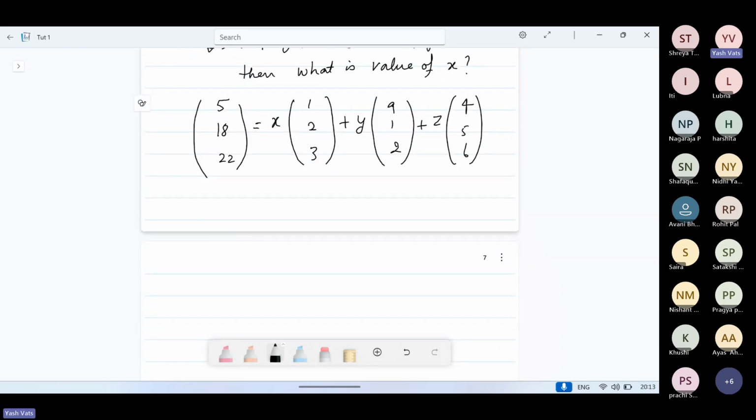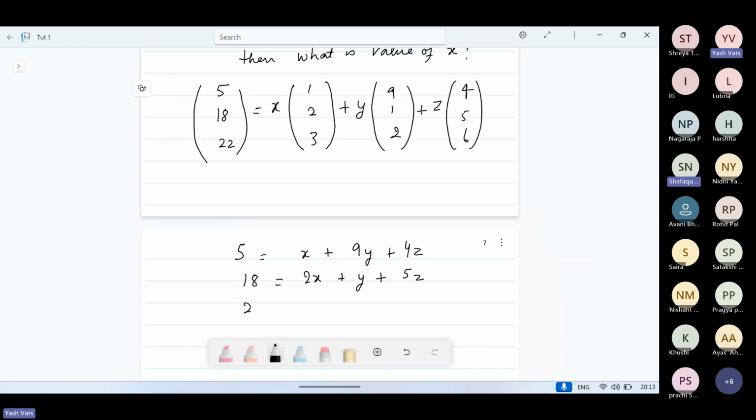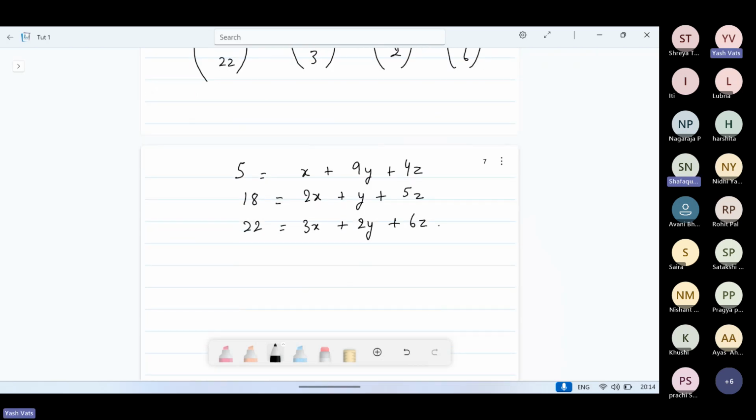So just separate it entry-wise. Then you have 5 is x plus 9y plus 4z. Then 18 is 2x plus y plus 5z. And 22 is 3x plus 2y plus 6z. So you can solve this system of equations.